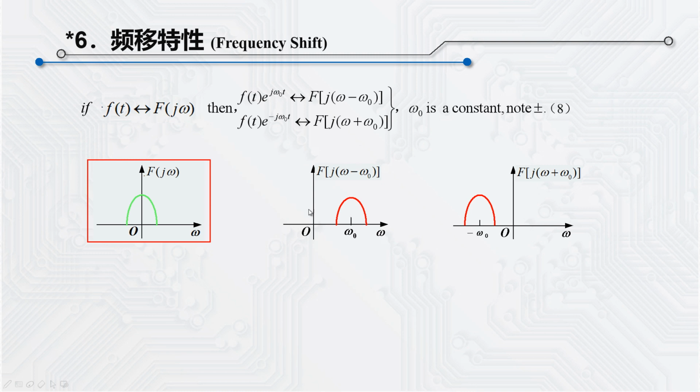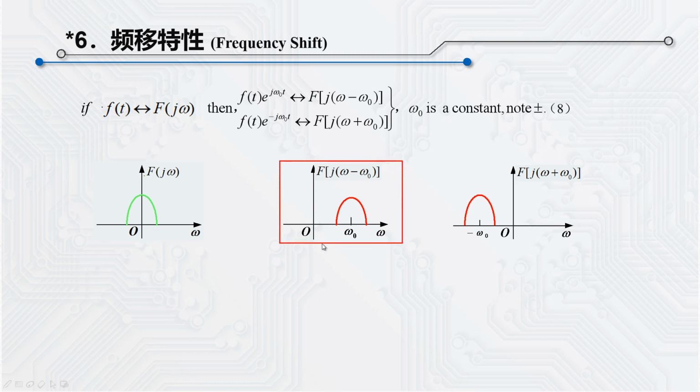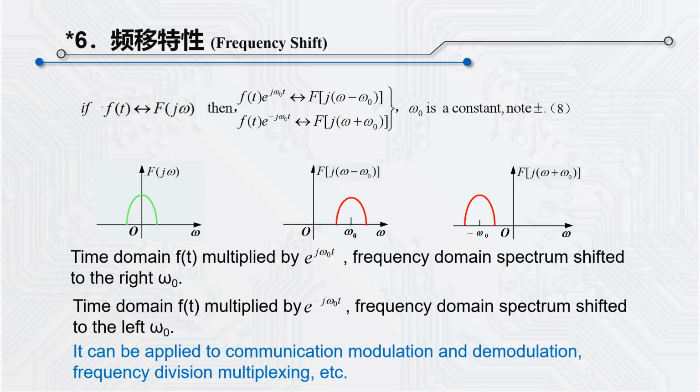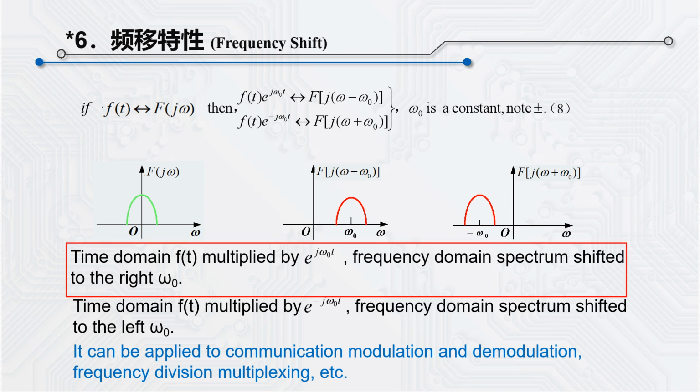Let's take a look at their waveform. This is the spectral density function of the original signal f(t). This is the spectral density function after the original is shifted omega 0 units to the right. Obviously, the exponential factor is e to the power of plus j omega 0 t.